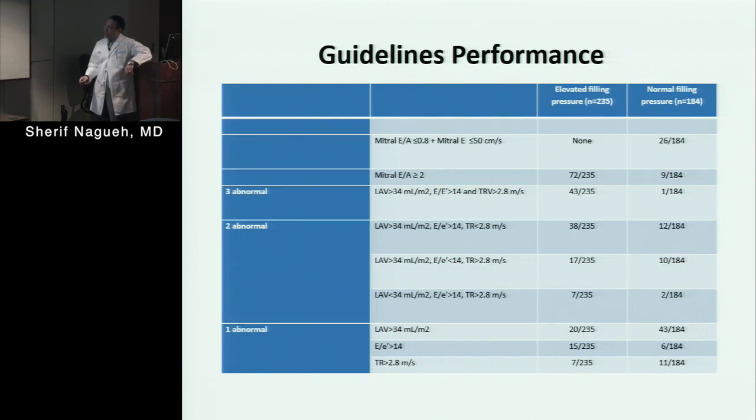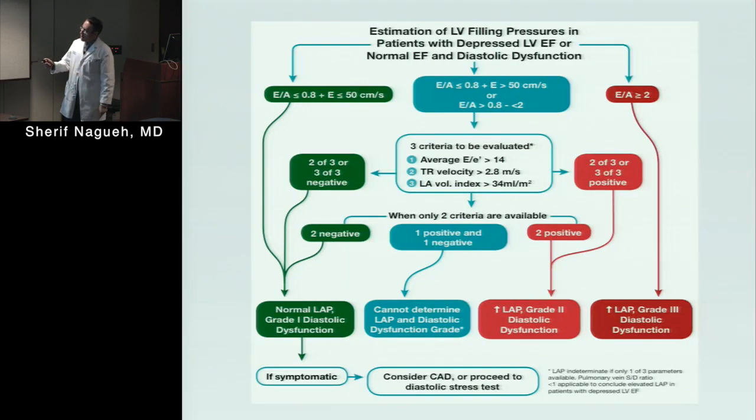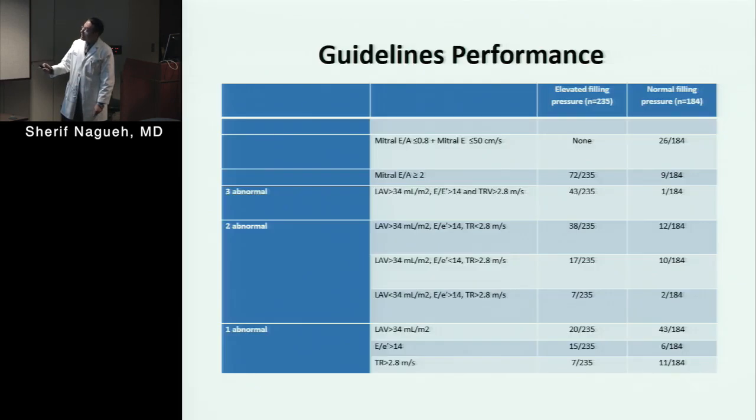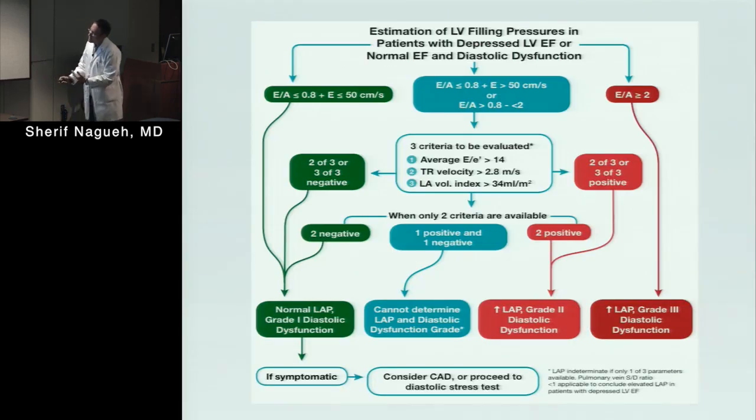Just a comment that is perhaps not clear from the slide: this includes also the cases that are inconclusive by the algorithm. The algorithm stops if I say LAP estimation is inconclusive; that's an endpoint by itself. Here we are showing the variables even in those where we said it's inconclusive.